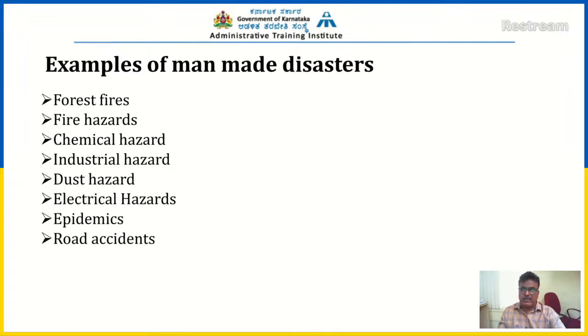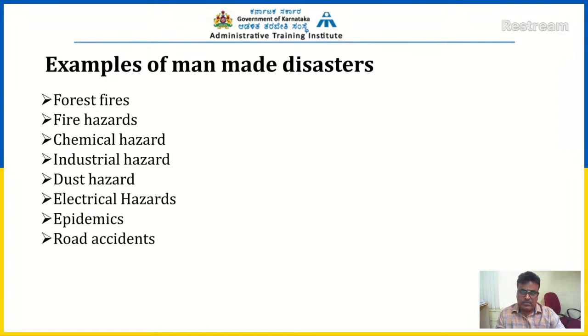Even chemical hazards, I've already discussed, Bhopal gas tragedy kind of things. Industrial hazard, I just showed a picture also, and gave an example, particularly the Visakhapatnam one. Dust hazards, dust also leads to a lot of problems. Electrical hazards at home, at offices, at industries, or everywhere.